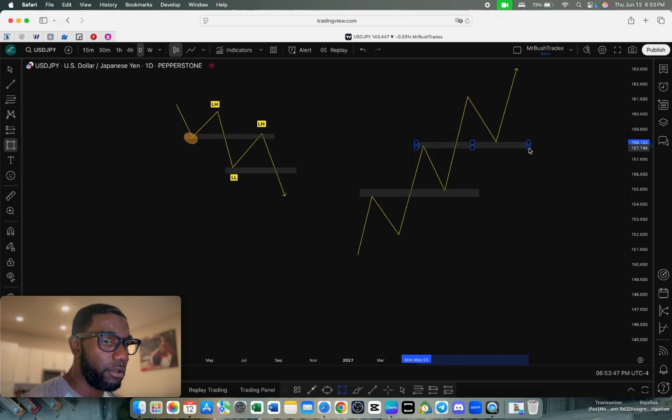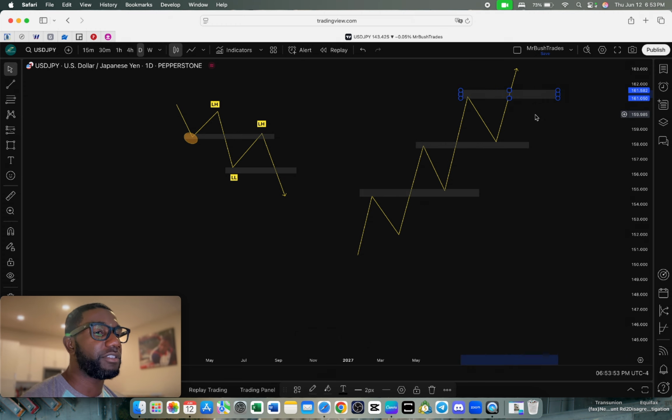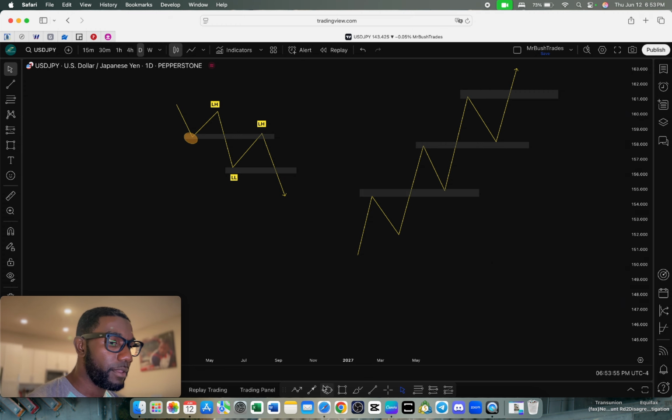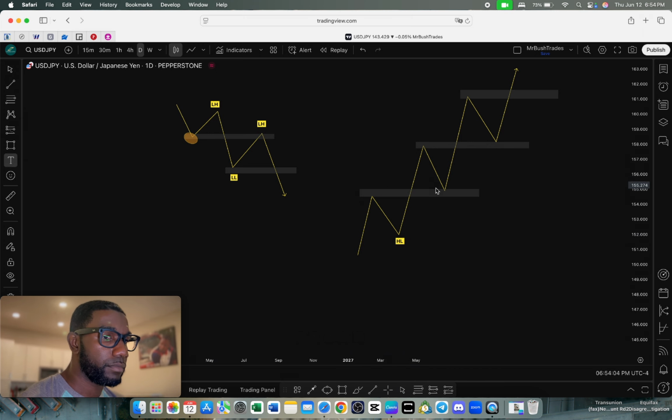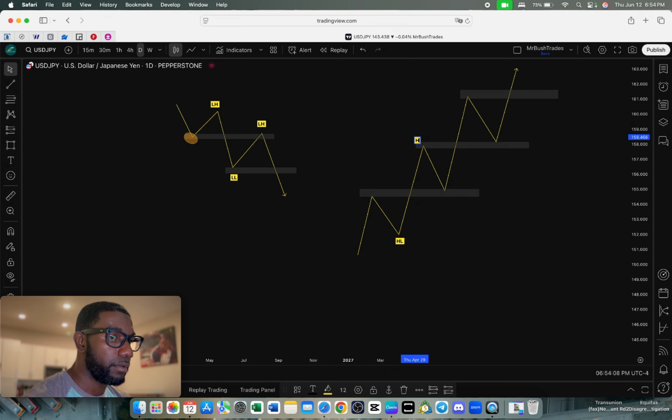So we can mark off resistance now turned support. Resistance could potentially now turn support. So let's mark these off.